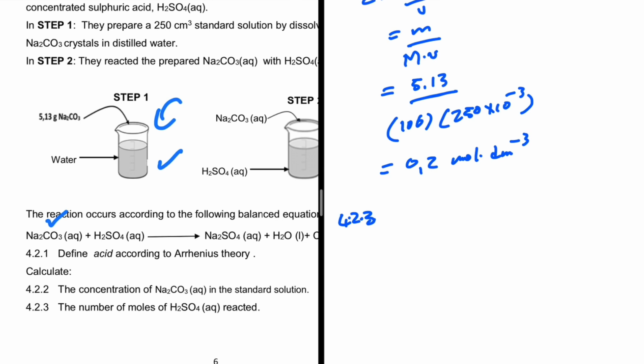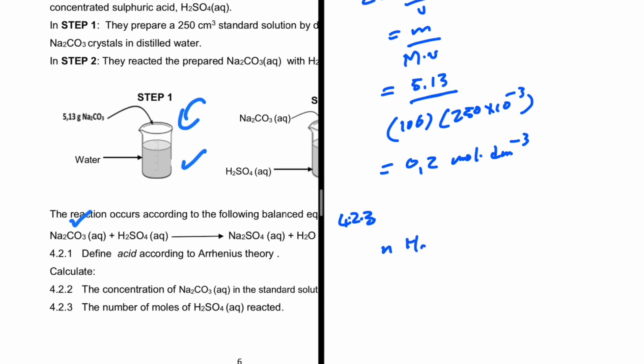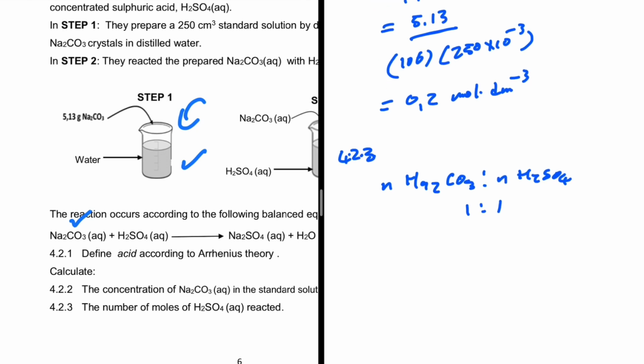Because take a look at this. The number of moles of Na2CO3 is 1, and the number of moles of H2SO4 should be 1:1 because of the balancing coefficient. So we just need to figure out what the number of moles of Na2CO3 is, and then we have the number of moles of H2SO4 that reacted.